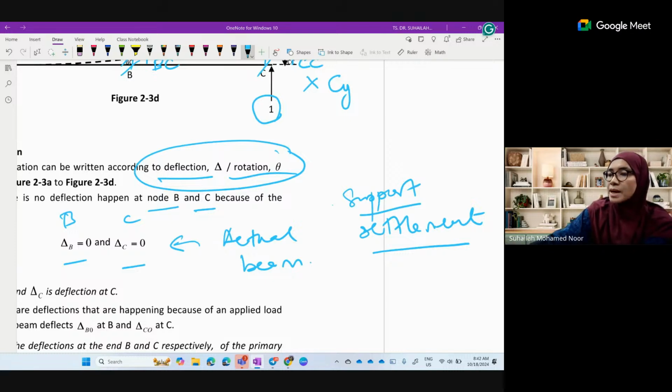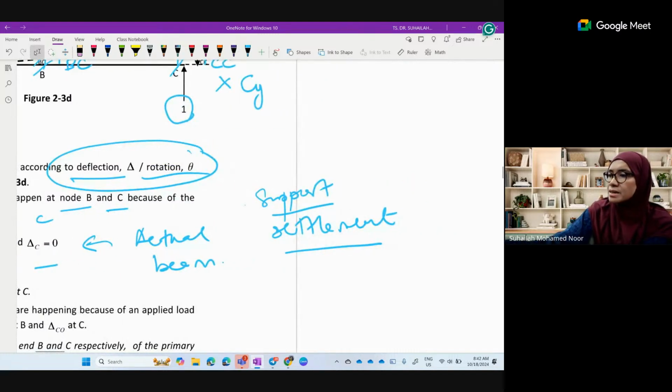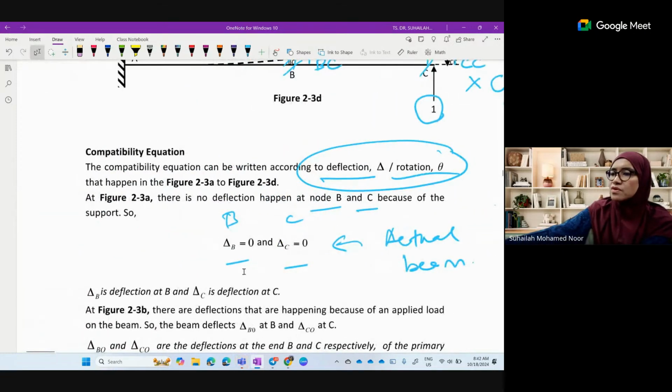But basically it is 0 because of the support, unless there is an effect from settlement. Support settlement ni pun boleh ada tiga-tiga lah, can be in horizontal, vertical and also rotation. Support settlement pun ada 3 kategori lah. Tak apa, kita fokus on 0 dulu.